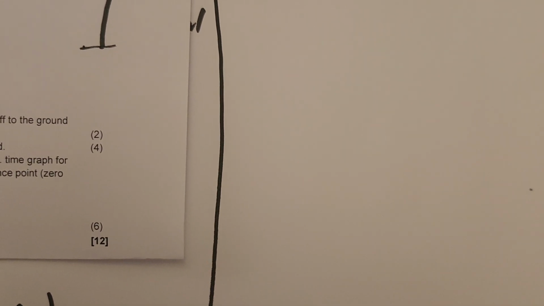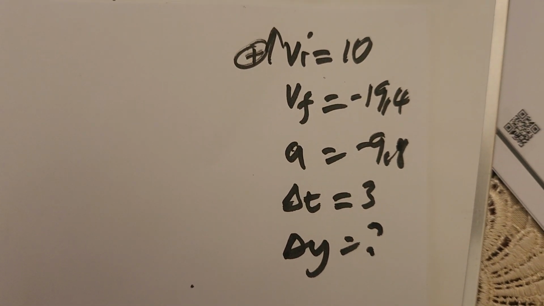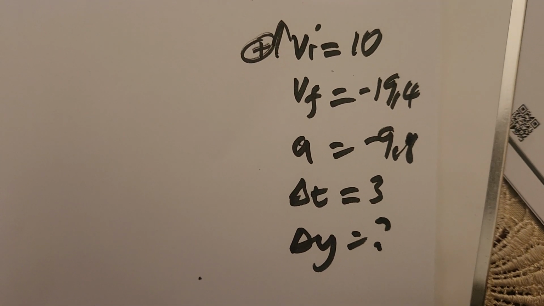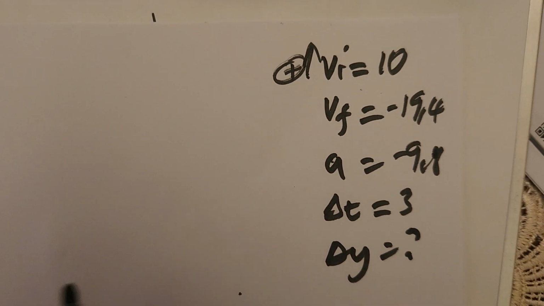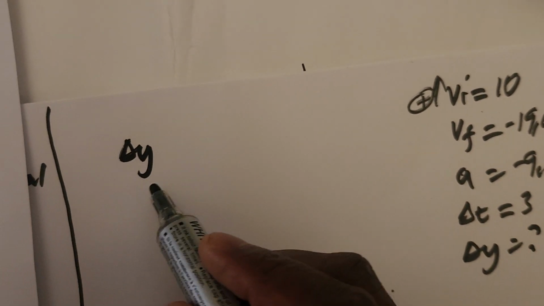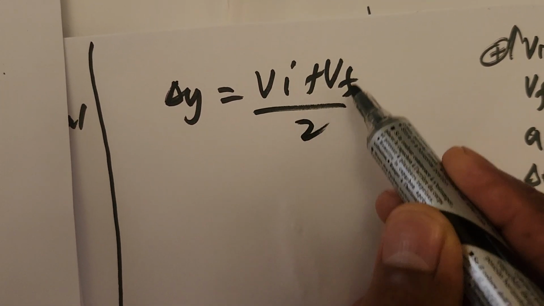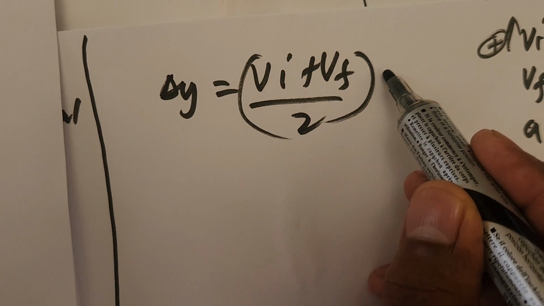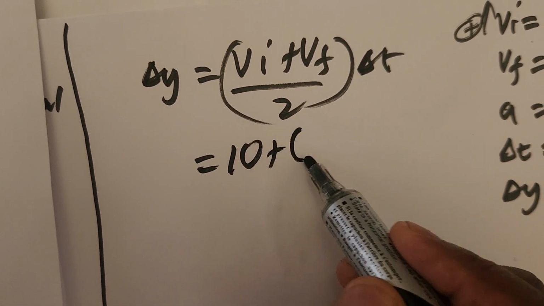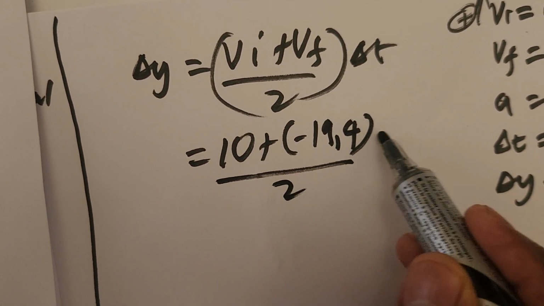Now you see, you can use any formula with delta y, because now you know 4 quantities. Remember, every equation of motion has got 3, so you can still again use the last one, say delta y equals VI plus VF divided by 2 and multiplied by delta t, which is 10 plus negative 19.4, then divide by 2.